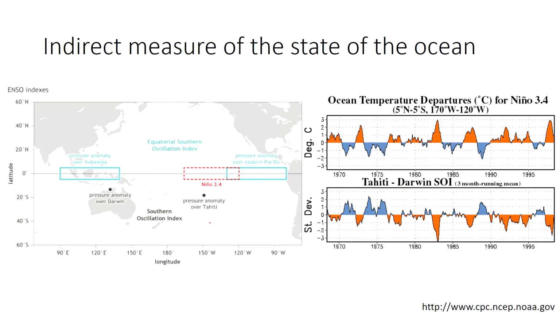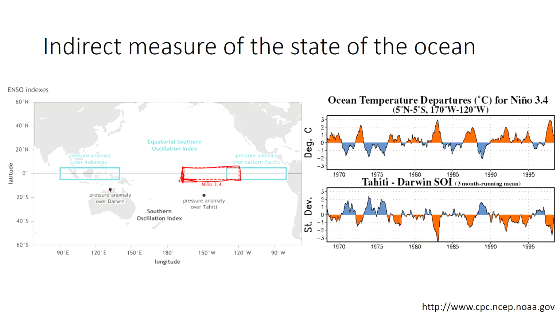So this is an example which may be familiar from the brief introduction to the El Nino Southern Oscillation. If we wanted to know what the temperature of the ocean in this box here was back in time, we don't really have that many measurements going back hundreds of years of anything going back there, because we weren't there measuring the temperature.